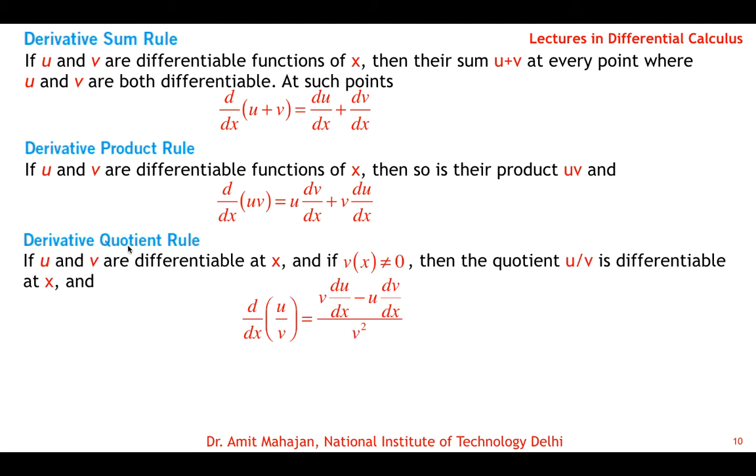The derivative quotient rule: if u and v are differentiable at x, and if v(x) is non-zero, then the quotient u by v is differentiable at x, and we write that d by dx of u by v is v times derivative of u, minus u times derivative of v, over v squared.